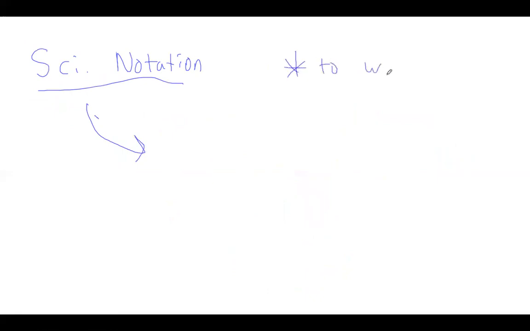We use it to write very big or small numbers. Okay? Sorry about my sloppy handwriting. We use it to write very big or very small numbers, especially when they won't fit on our calculator screen. Okay? And they have to be in this format.